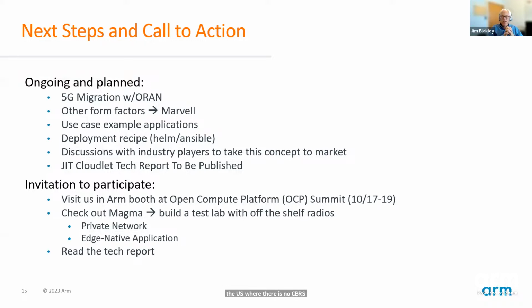Yeah, that's a great question. In the US we have CBRS. A couple of countries that we have found are starting to offer different but similar licensing regimes. Both Canada and Germany have announced licensing schemes that would allow you to deploy your own private network if you're not a telco operator. Hopefully more countries will offer those in the future.